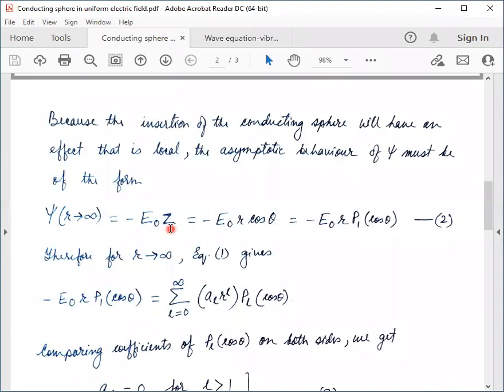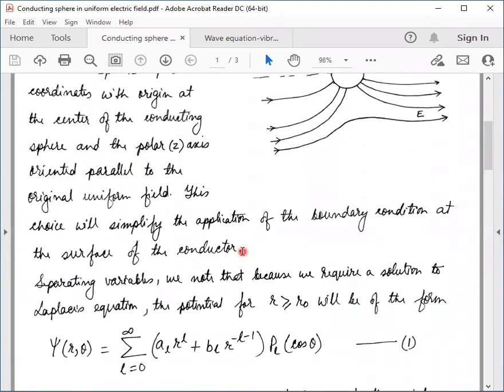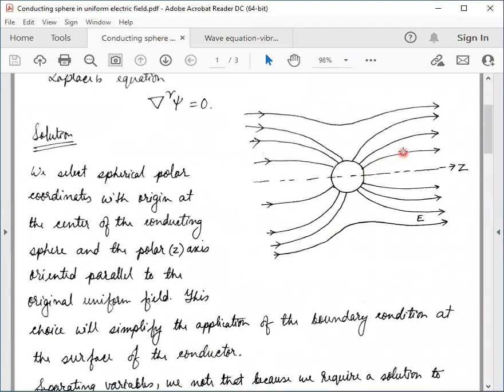And z, we know, is r cos theta. Say for example, let me draw here. Let me draw any point. Take any point here, and join it to the center of the coordinate system.